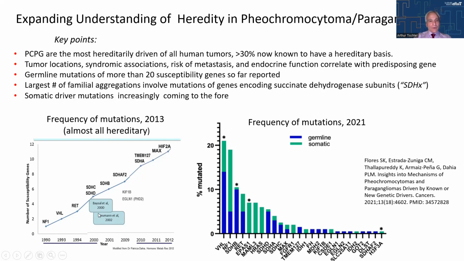Revolutionary papers published by Bora Beisal and Hartmut Neumann, respectively, in 2000 and 2002, identified a whole new class of tumors characterized by succinate dehydrogenase gene mutations, and additional hereditary mutations continued to be discovered from that time to the present.